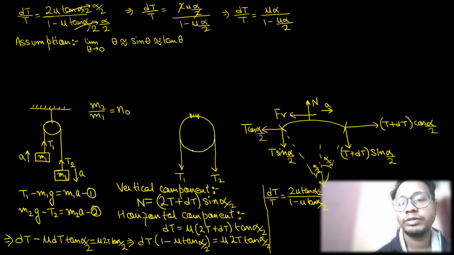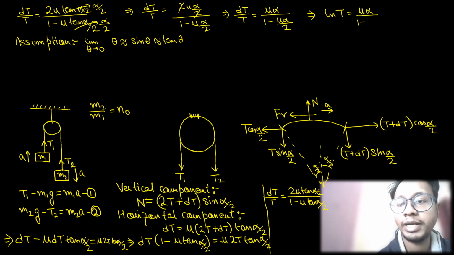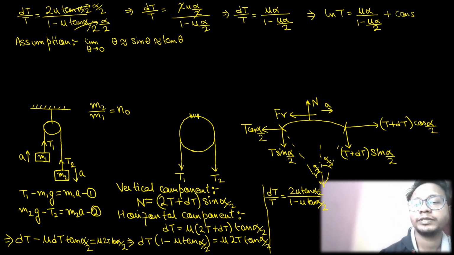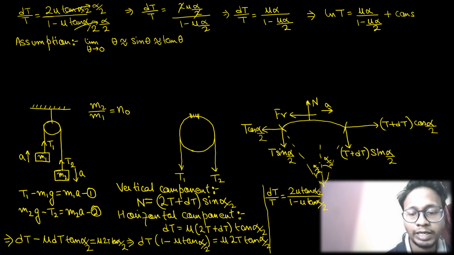So out here if I solve this equation, it would be ln T is equal to mu alpha by 1 minus mu alpha by 2, plus some constant. Now the assumption number 2 I am taking.